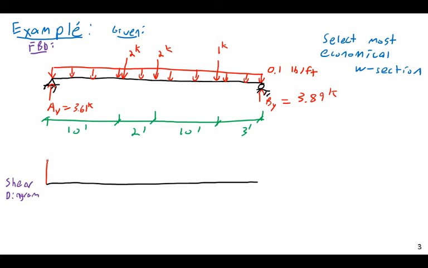That's why we learned it again in mechanics of materials. So we're going to have 3.61 kips here. Then it's going to decrease down to, say, 2.61. I don't want to make it go quite that much. So let's do 2.61 here, 2.61 here.